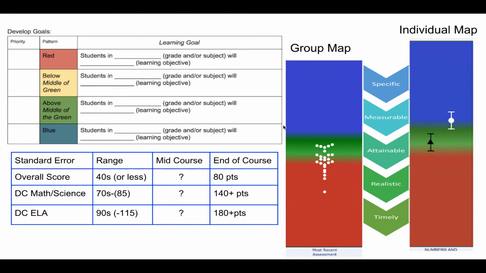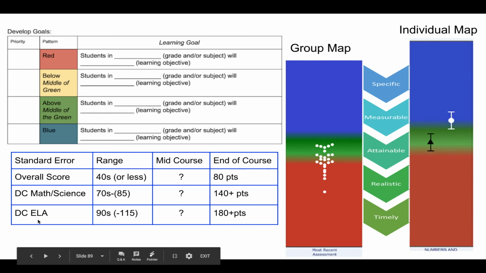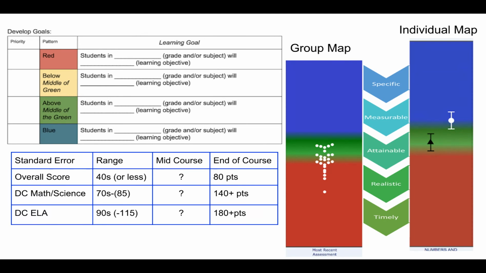So the chart here on the bottom left-hand side, we know that the standard error for the overall score is typically in the 40s or lower. We know that for the diagnostic categories in math and science, the typical standard error range is in the 70s. It could go as high as 85. For the diagnostic category of ELA, the typical standard error is in the 90s, and that range could go up to 115 easily.